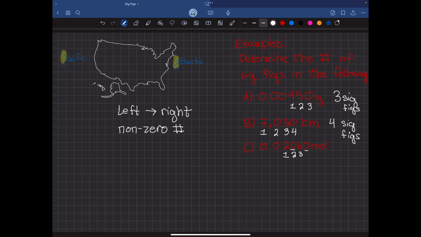And this last 0 right here, because like I said again, just to reiterate, since I already counted my first non-zero number reading from left to right, all the numbers afterwards will be a sig fig when there is a decimal present. So 4. So again, in this example, I have 4 total sig figs.